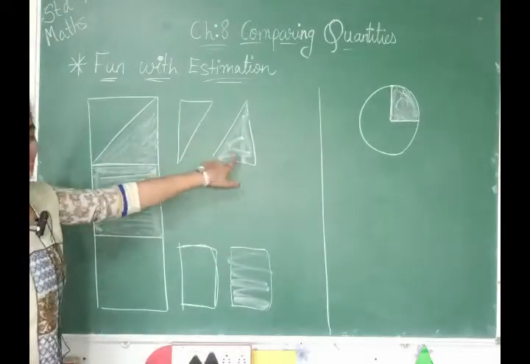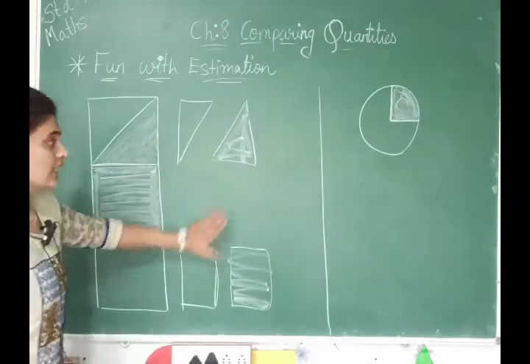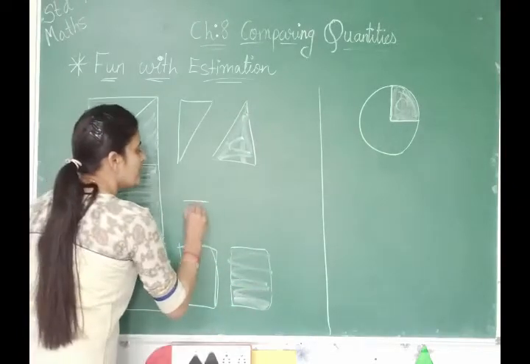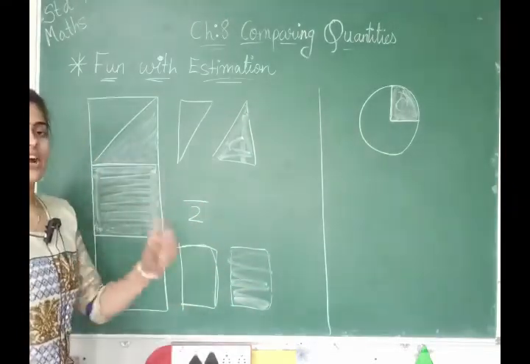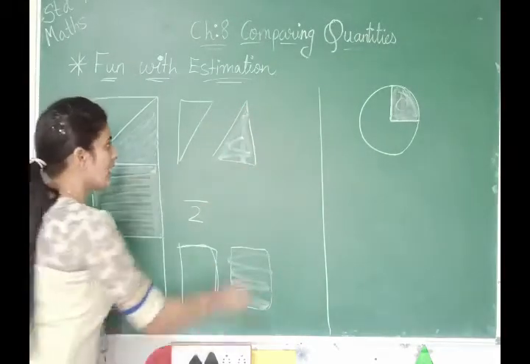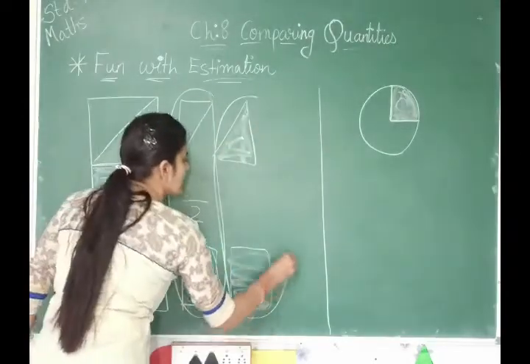You can see these two are same, these two are same. That means if we take this as 1 and this as 1, 2 parts are there. Total how many parts? 2 parts. Out of that how many parts are shaded? Only 1 part. This whole we will take as 1 part and this whole we will take as 1 part.